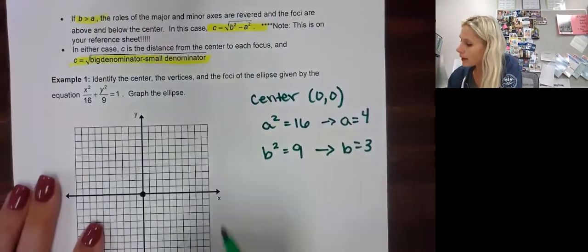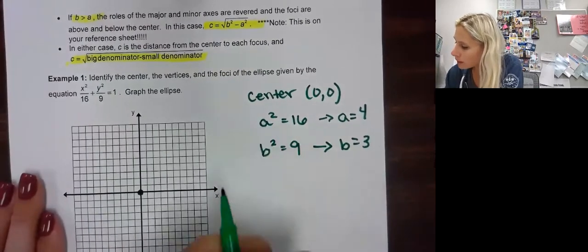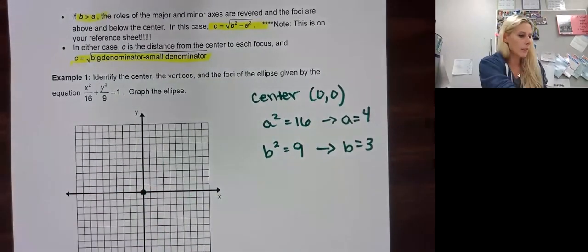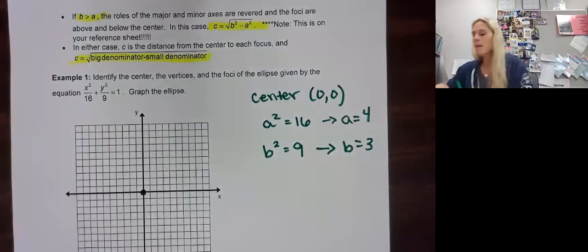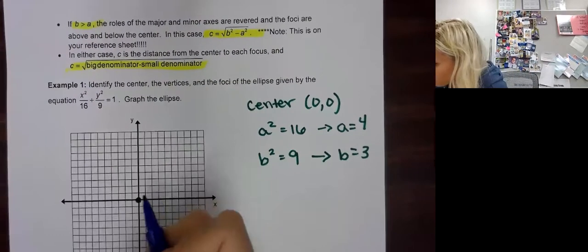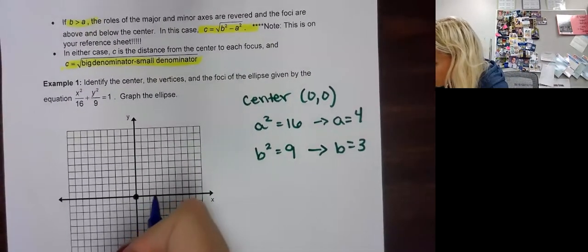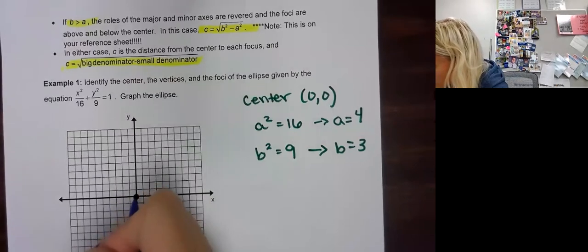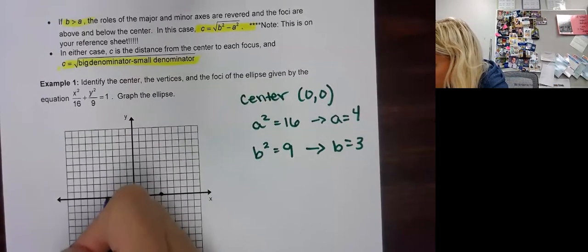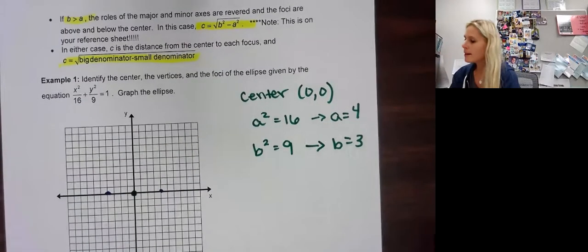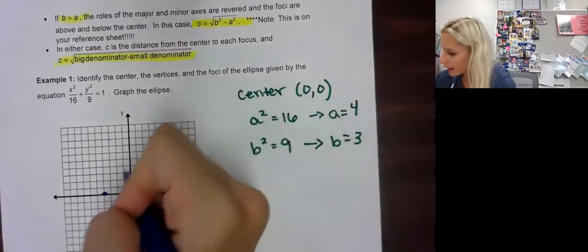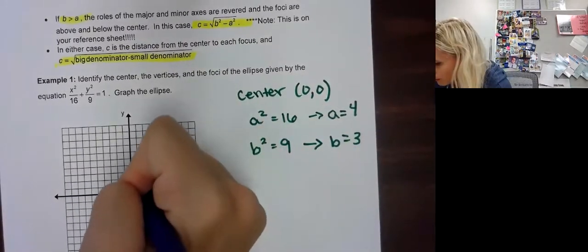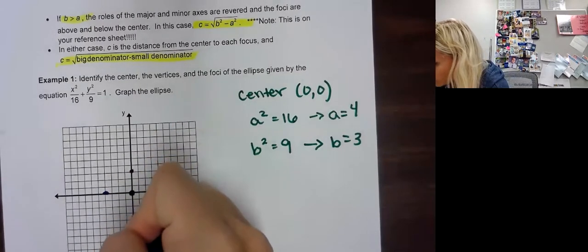Okay, so what that means is a is the horizontal part. So let me get another color so you guys can see. A is 4 away from the center. So 1, 2, 3, 4. 1, 2, 3, 4. Now B is what we do vertically. So 1, 2, 3. 1, 2, 3.